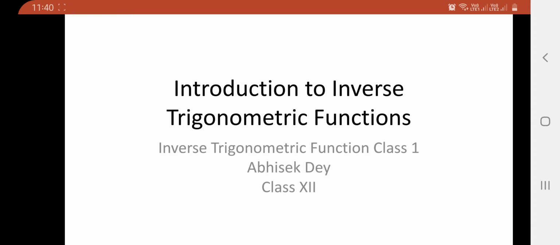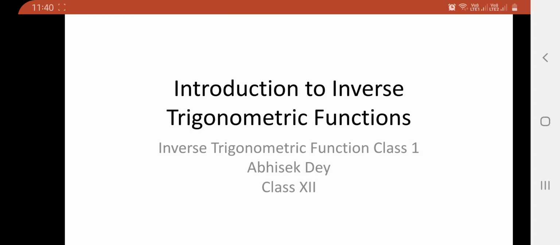Okay, so we start off with our third chapter, that is inverse trigonometry. Now, before we start, we need to understand a certain thing, that is, in trigonometry, what the functions are doing.